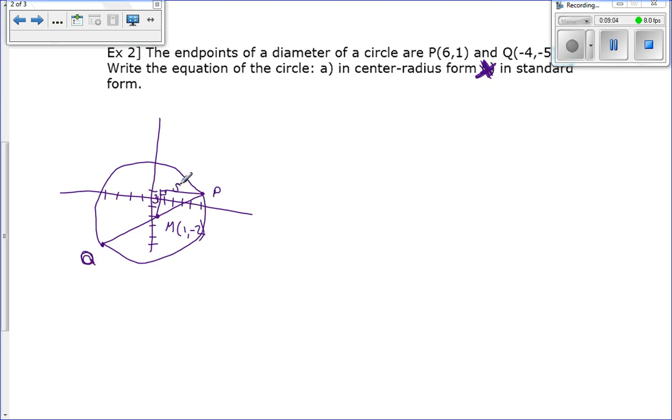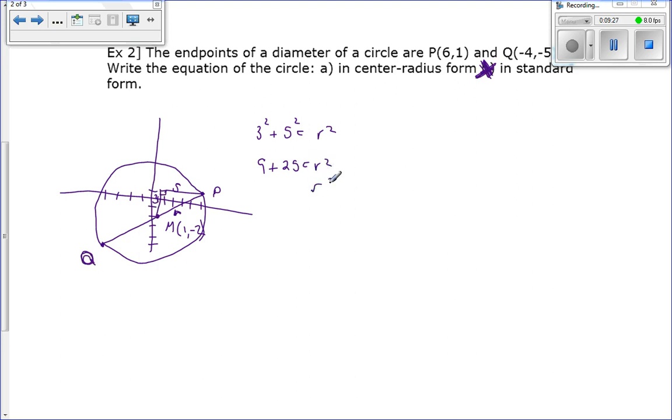Right? So now I've got two sides. I need to find the radius of my circle, so I'm going to use the Pythagorean theorem. So 3 squared plus 5 squared equals r squared. So 9 plus 25 equals r squared.